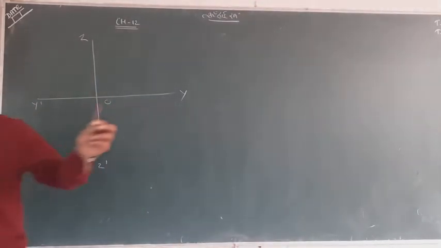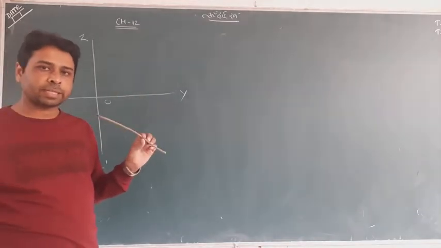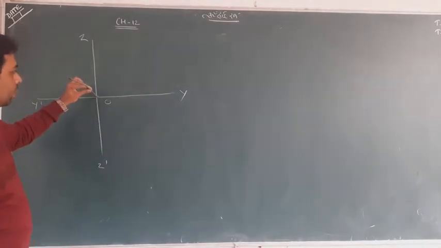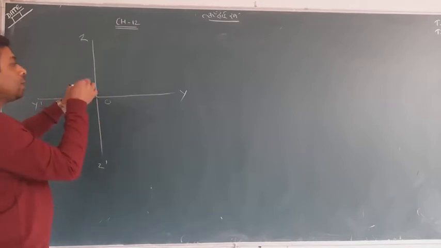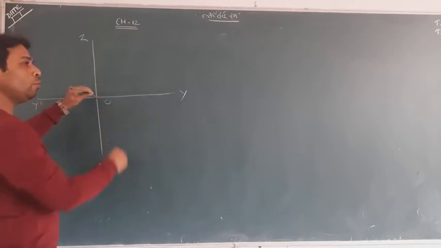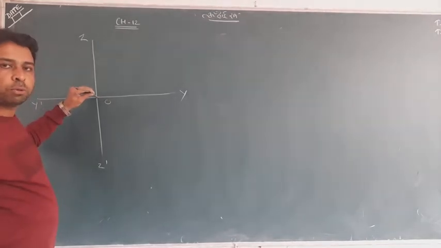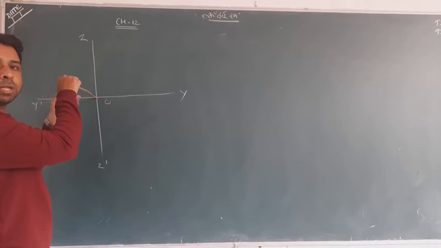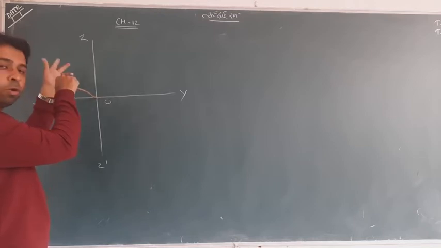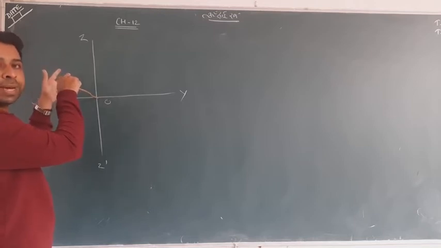Suppose this stick is my x-axis, and it comes from here. Can you see? This is O, this is x, and behind the board, where I cannot go, you have to imagine that this line continues as the negative x-axis.